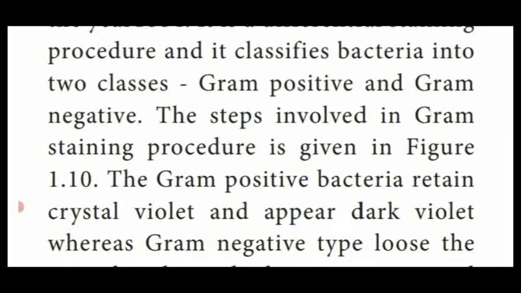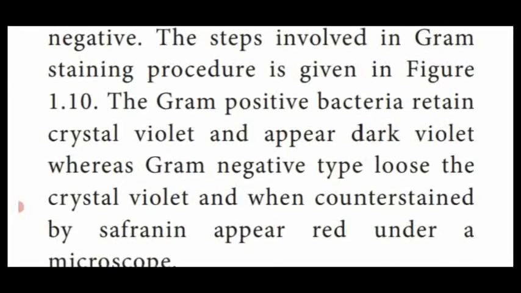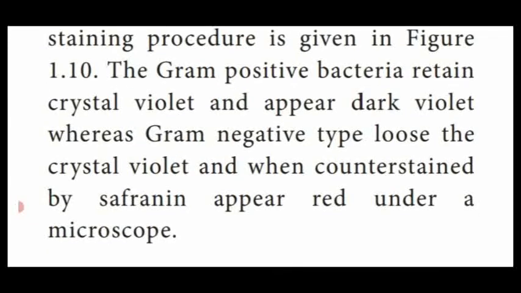The gram-positive bacteria retain the crystal violet and appear dark violet, whereas the gram-negative type lose the crystal violet and, when counterstained by safranin, appear red under a microscope. That is the difference between gram-positive and gram-negative bacteria.